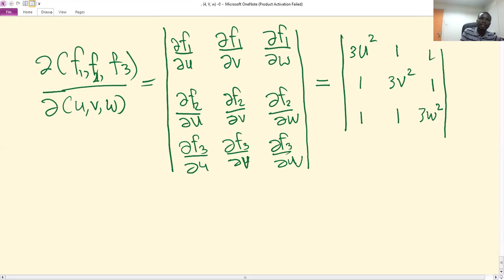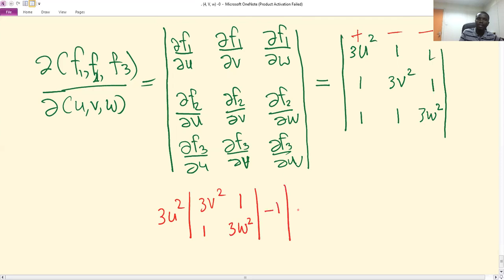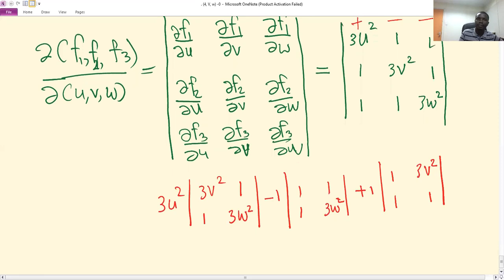And that determinant using the first row will be 3u squared times the determinant 3v squared, 1, 1, 3w squared, minus 1 times determinant 1, 1, 1, 3w squared, plus 1 times determinant 1, 3v squared, 1, 1. So this is how we find this 3 by 3 determinant.